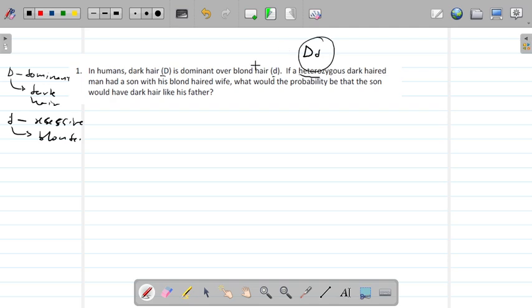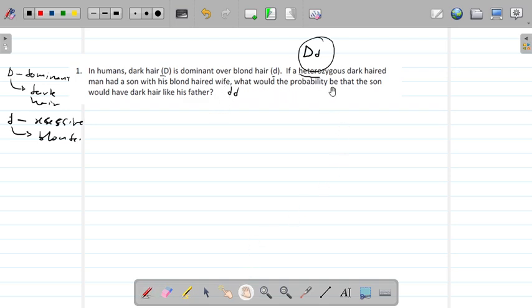This man has dark hair, and is crossed against a blonde-haired woman. Because blonde hair is recessive, she will not have the capital letter D, so you have two small letter d's. That is her genotype.